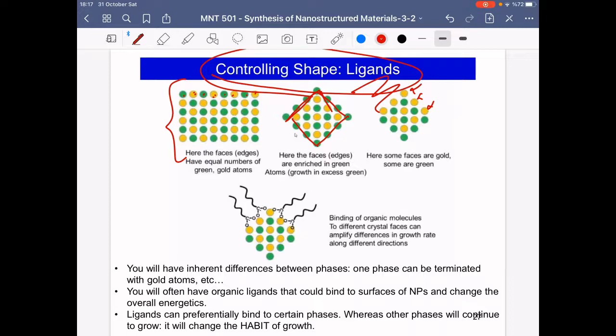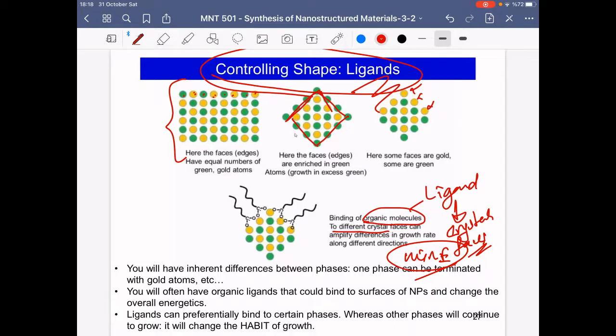And you can find such organic molecules, ligands, that specifically go and attach onto different crystal faces. For example, there are ligands that only attach on 111 or 100, because they want to minimize their energy. That's all a matter of that.